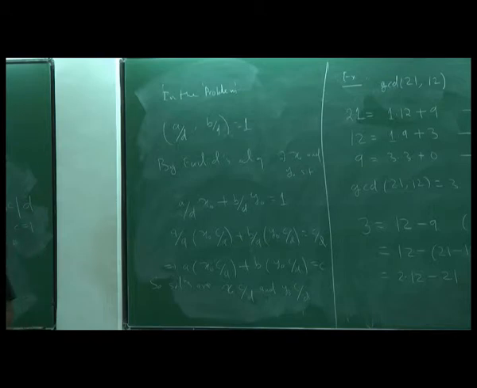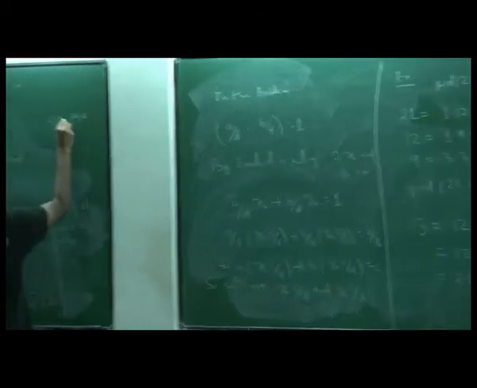So now there is a question: why is this so? Oh, here, because DC divides D and D divides DC. How do you say that? Suppose C divides A and A divides C. What does it mean?